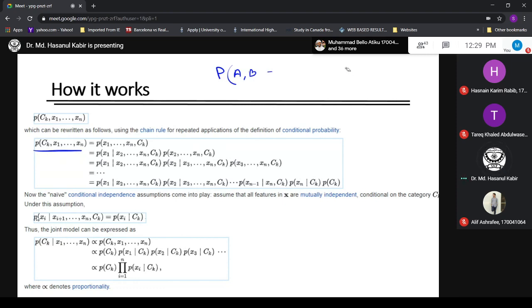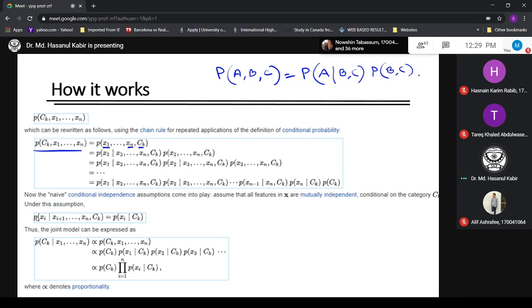Or if I say probability of A and B and C, I can write this as probability of A given B and C times probability of B and C. This is what we can do. So since I have x1, x2 up to xn and class, I will divide it this way.